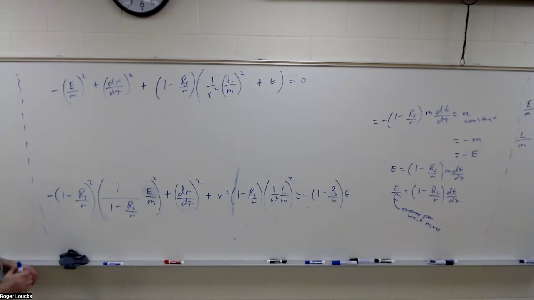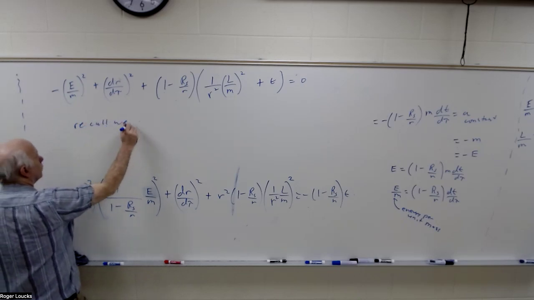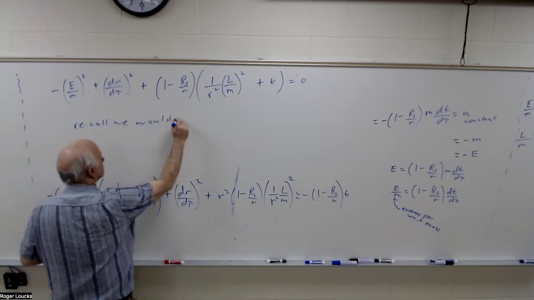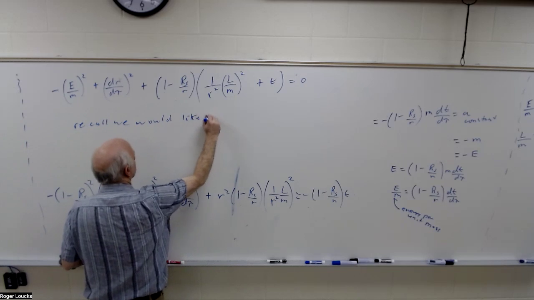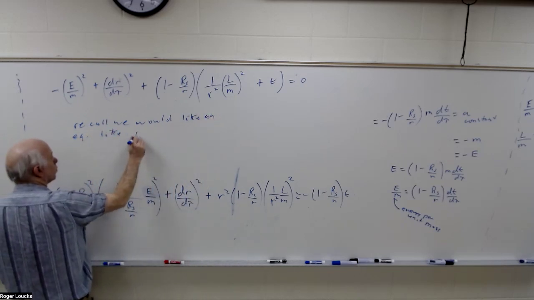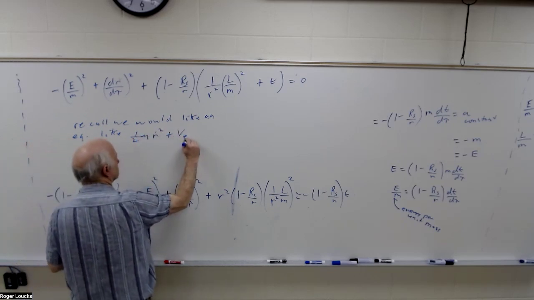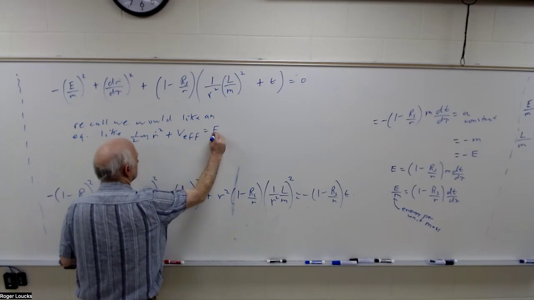Now, recall, we would like an equation like 1/mu r dot squared plus this v effective equaling.